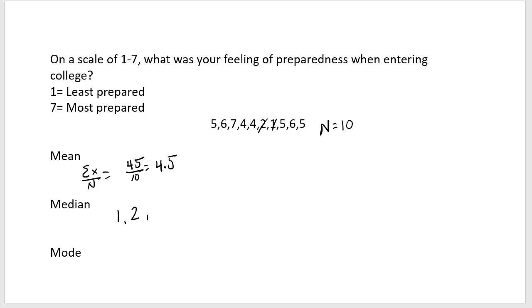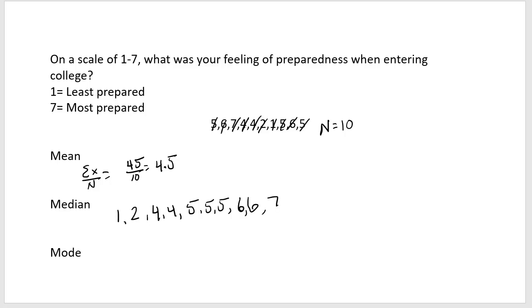We have 1, 2, 4s. 4, 4. Cross those out. And we have 1, 2, 3 number 5s. And then we have 1, 2, 6s. And we have 1, 7.